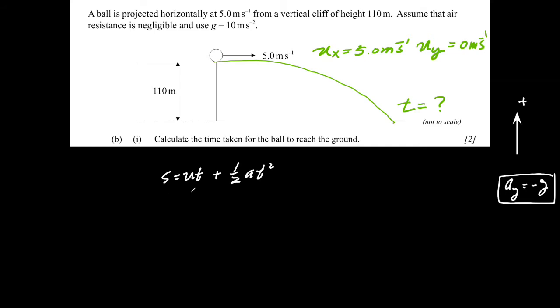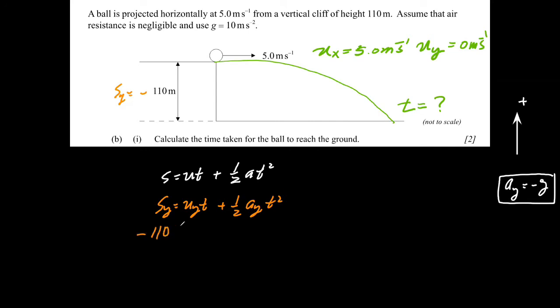Y component: sy equals uy t plus 1 over 2 ay t squared. We choose upward as the positive reference, so acceleration due to gravity is downward. Since the ball is traveling downward, sy equals minus 110.